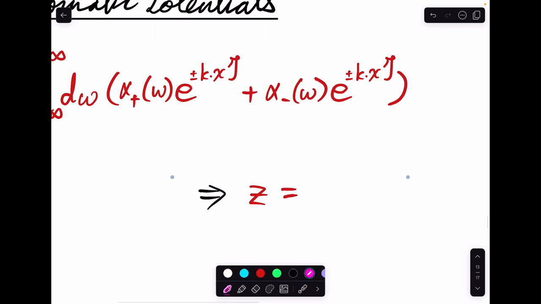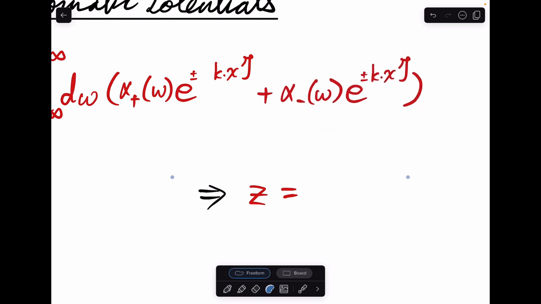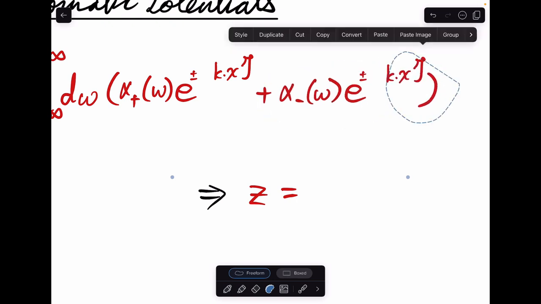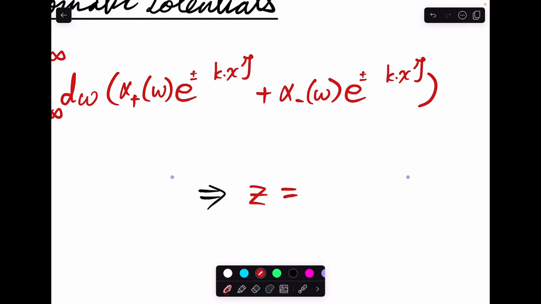So that means that you can rewrite these exponentials up here with an omega over c, and then you just say k naught, omega over c.